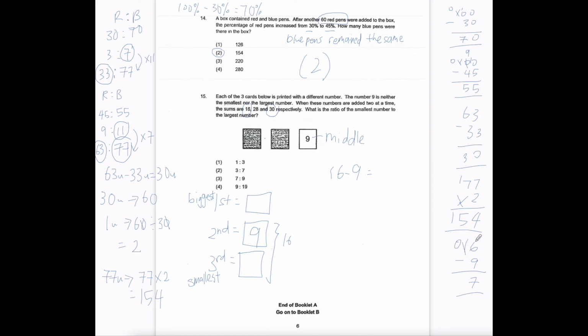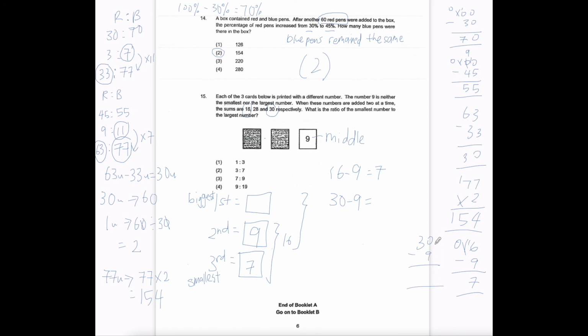Okay, I'm gonna get 7. So there I have it. Okay, the biggest sum is 30. So the sum is the biggest number plus the second biggest number. So in order to find out what is the biggest number, I'll just take 30 minus 9.